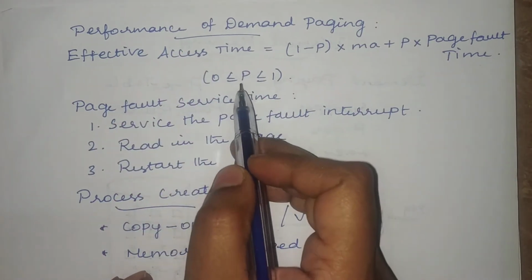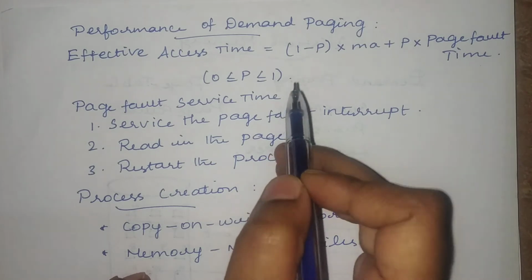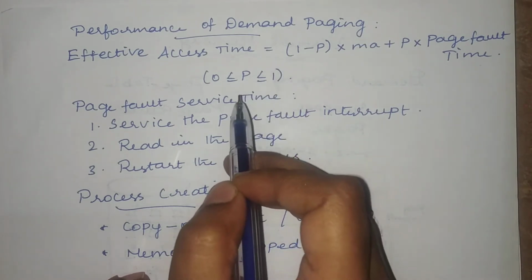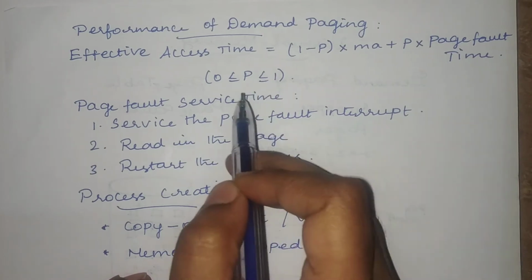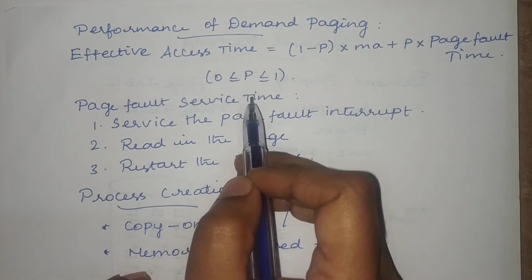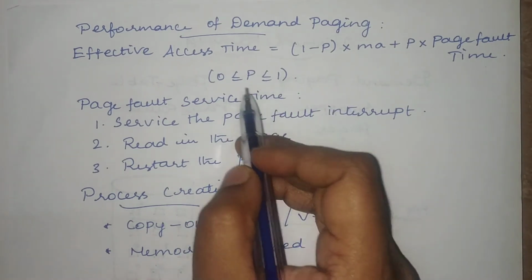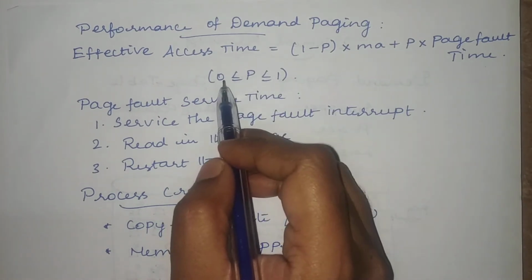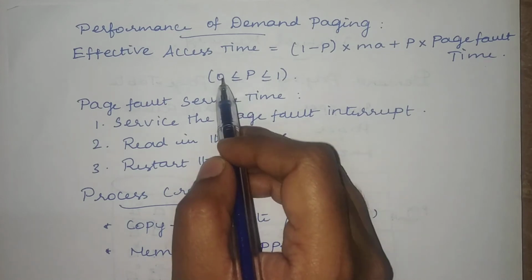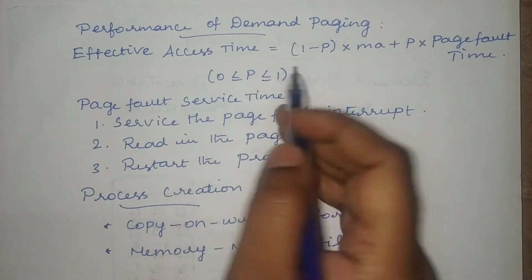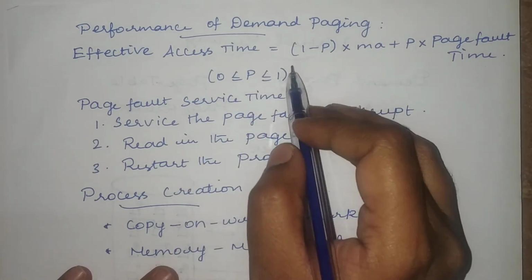So the P value should not be equal to 1. If you get maximum page fault occurrence, it will lower the degree of multiprogramming and also lower the CPU performance. So this will not be efficient performance by the system. The P value should be very near to 0, and it should not be equal to 1.